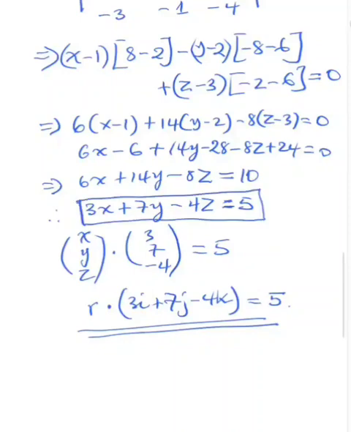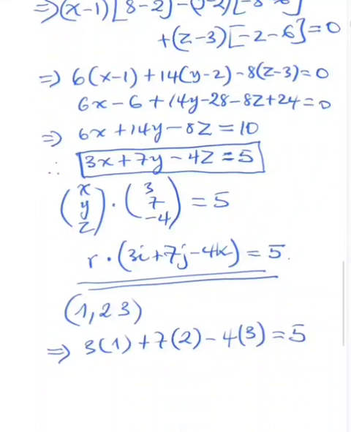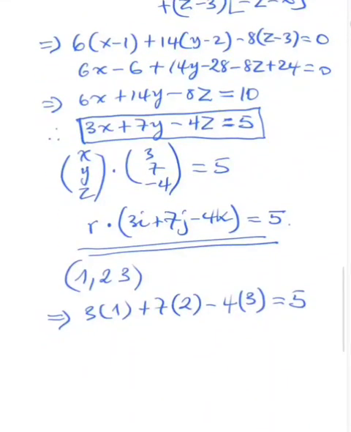We can verify by substituting any of the 3 points that we have had in the Cartesian equation to see if it satisfies it. Let us consider the first point, which was given as (1, 2, 3), lying on the plane. If we substitute it, we would have 3 into the x coordinate, which is 1, plus 7 into the y coordinate, which is 2, minus 4 into the z coordinate, which is 3, and it should give 5 if the point lies on the plane.